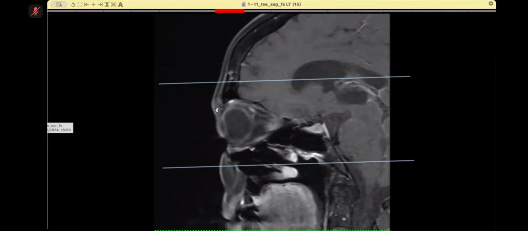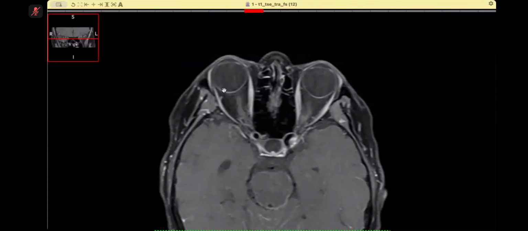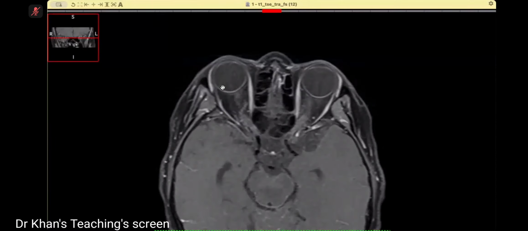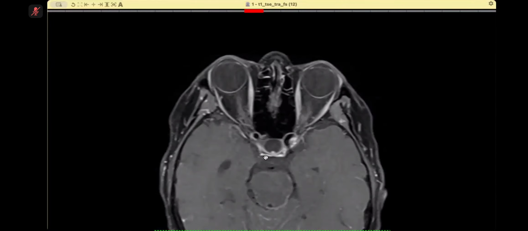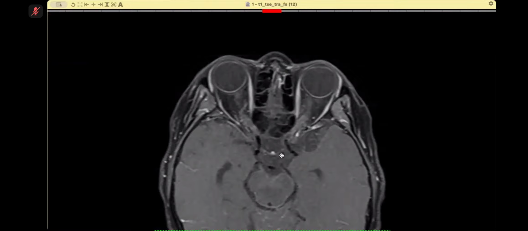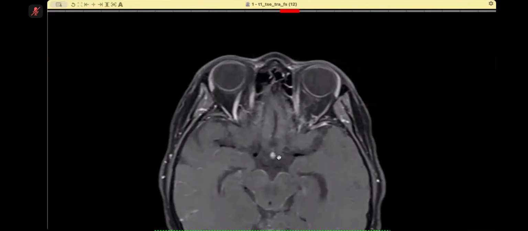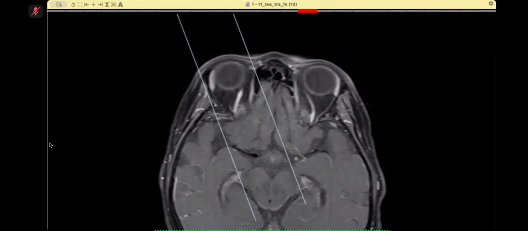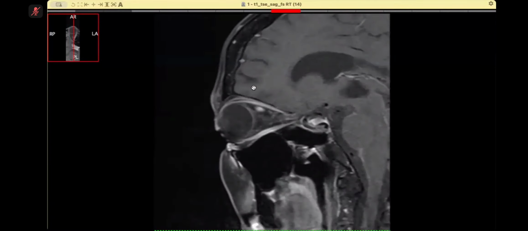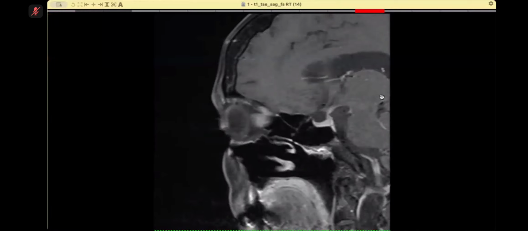So then coming back to infundibulum. Now, this is the pituitary gland. And then as we go superiorly, this is infundibulum, which is thickened and which is enhancing. And please remember, of course, we will be able to see it on this one also.